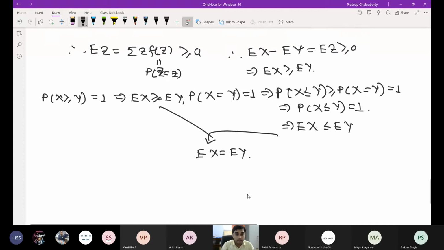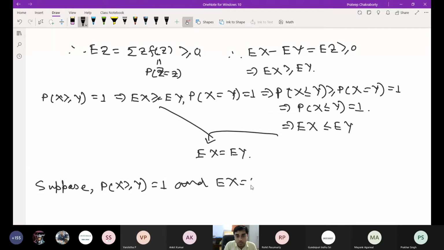Okay. Now we'll do the converse part. So suppose P(X ≥ Y) has probability 1 and EX equal to EY, that implies EZ equal to 0.